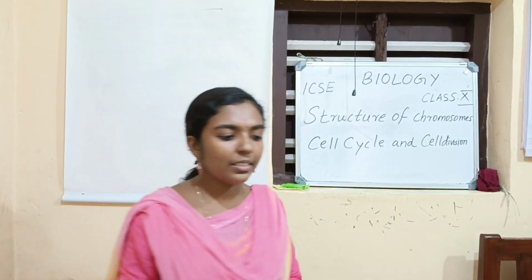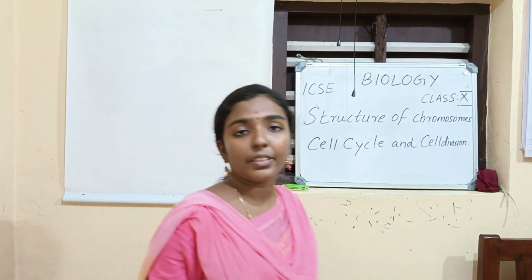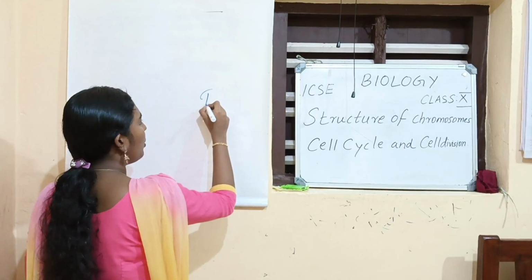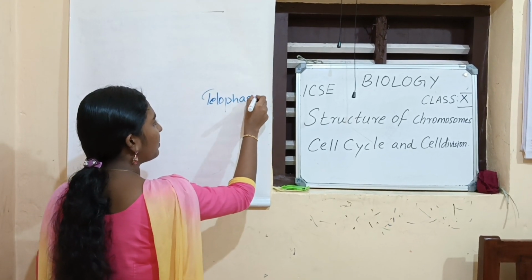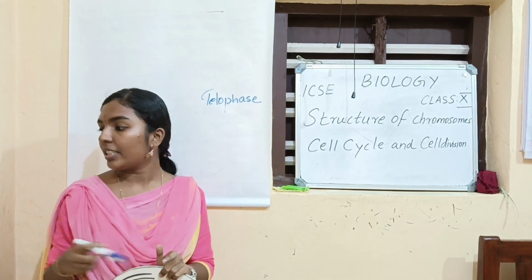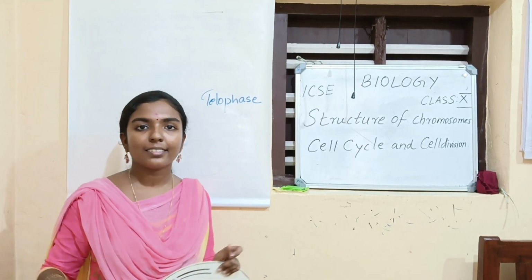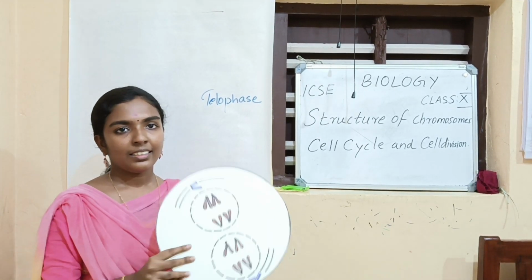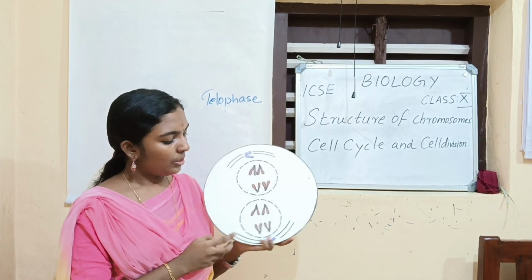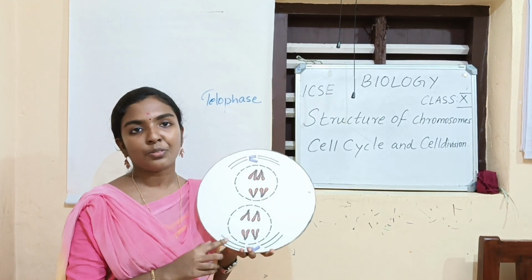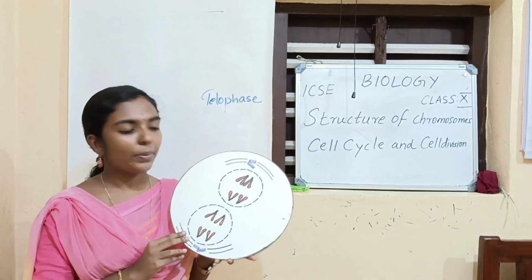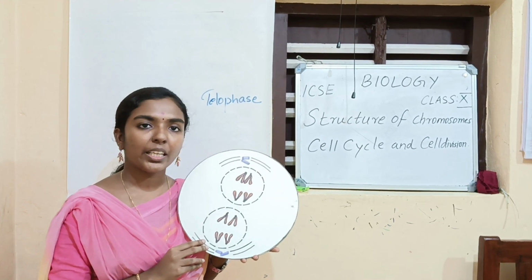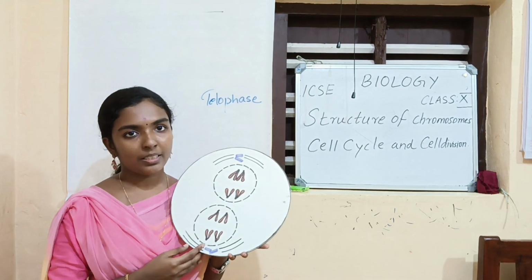So what's the next phase? We discussed prophase, metaphase, anaphase, and next is telophase. So what do we mean by telophase? The two sets of chromosomes reach the opposite poles, and the nuclear membrane and nuclei reappear, right?